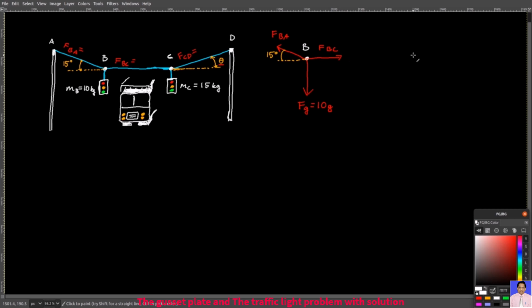And now we can take another point, which is this C point, and here FG equals 15g, because your mass is 15 kilograms here.